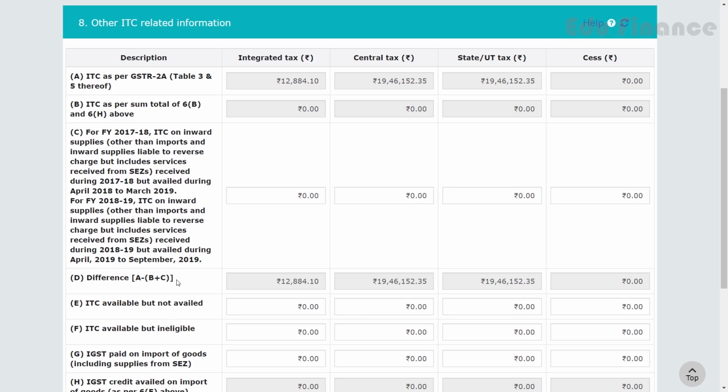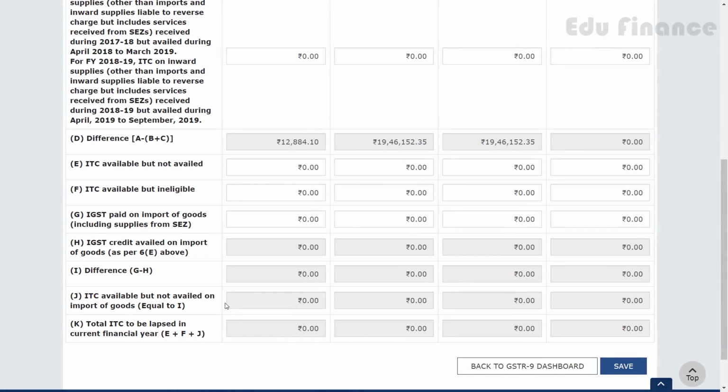In case of a negative value in the difference column, it indicates credit availed in GSTR 3B was greater than ITC available in GSTR 2A. In such case, you need to reverse that excess credit and pay tax through form DRC 3. Then enter the details of import of goods in Table 8G and Table 8H, and the balance rows get auto-populated.